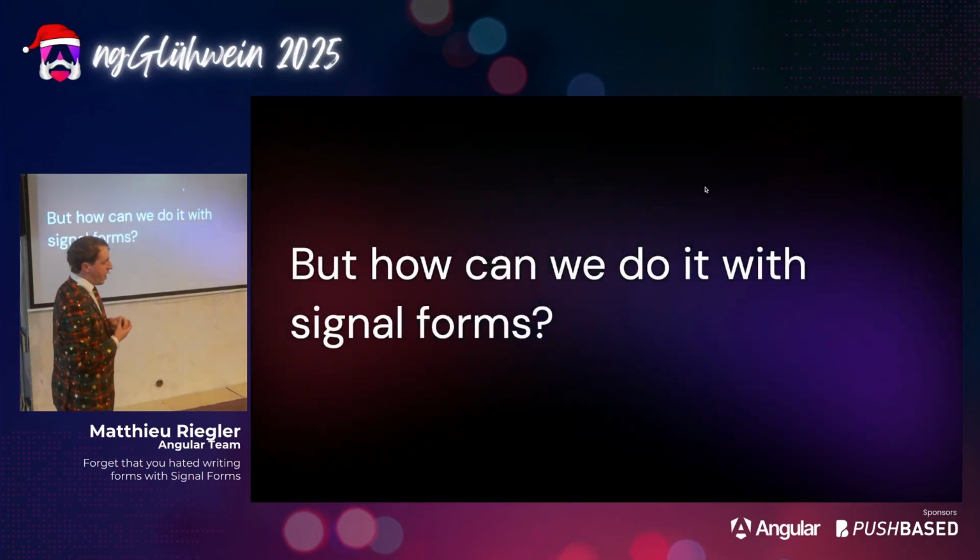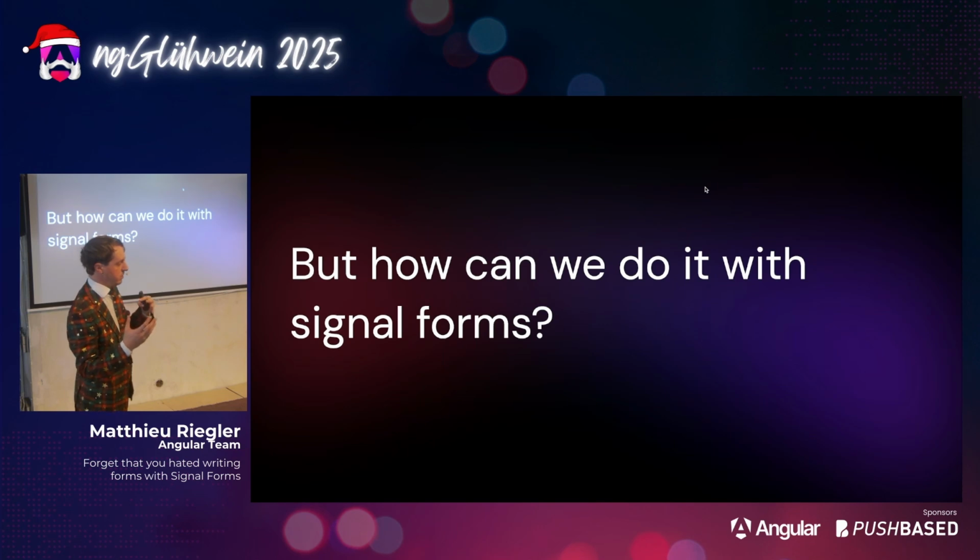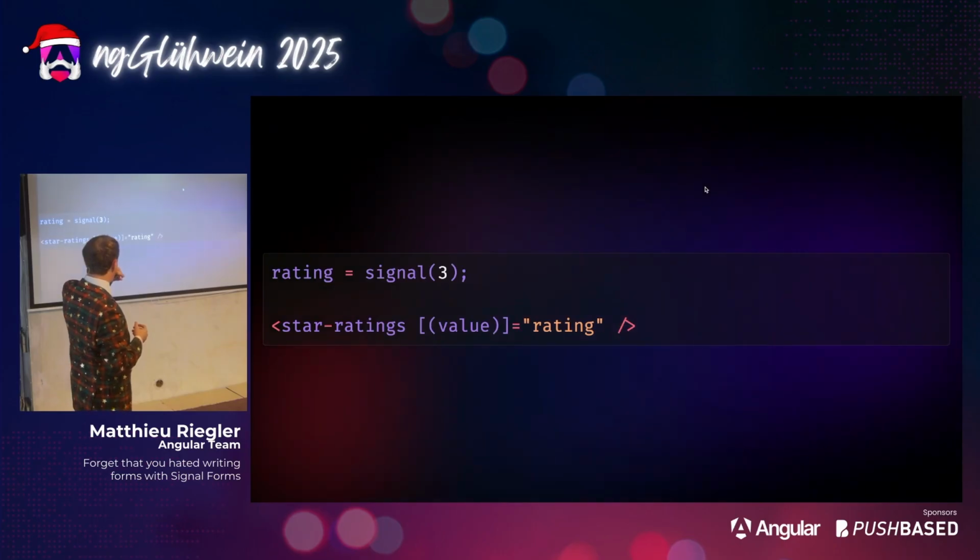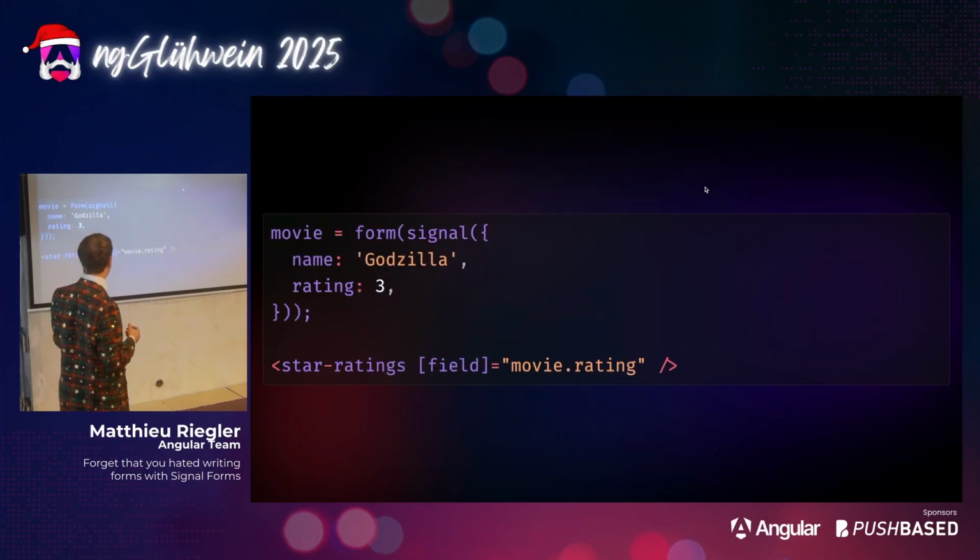The question is, how would you transform that to use signal forms to actually work with my component? The custom component I created, the value I'm passing, and the only thing I will have to do is give it a field instead of passing the value.